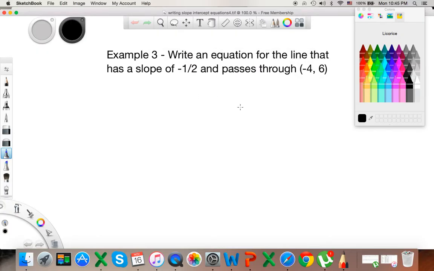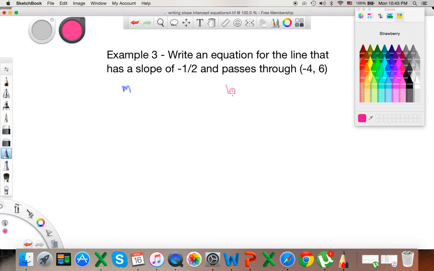Now, this says, write an equation for the line that has a slope of -1/2 and passes through (-4, 6). Okay, so in order to write an equation for a line, we know that we need to find slope and y-intercept, m and b.